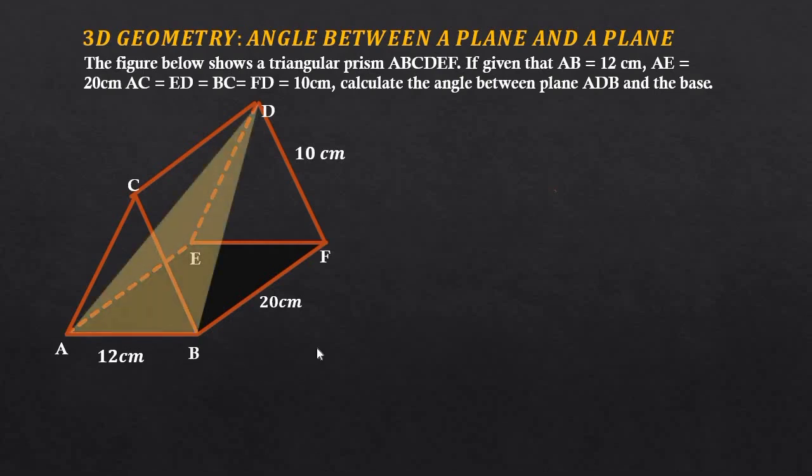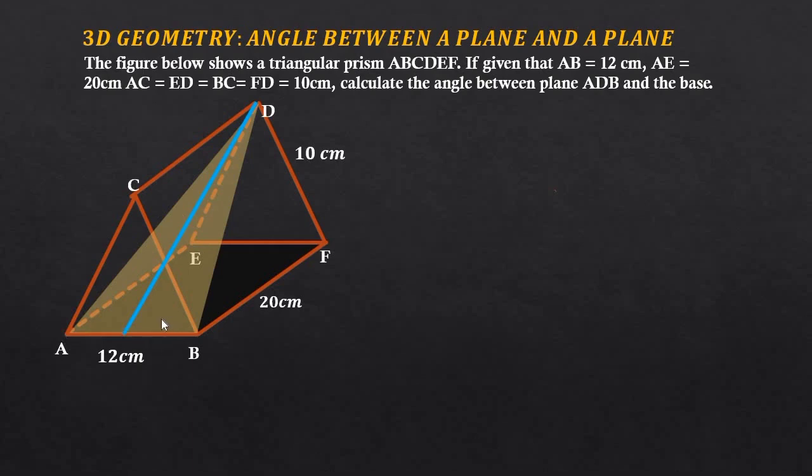Now the angle between two planes is the angle between two lines which lie on the two planes, such that the two lines meet the edge of the two planes at 90 degrees. For example, this line here lying on ADB meets the edge AB at 90 degrees.